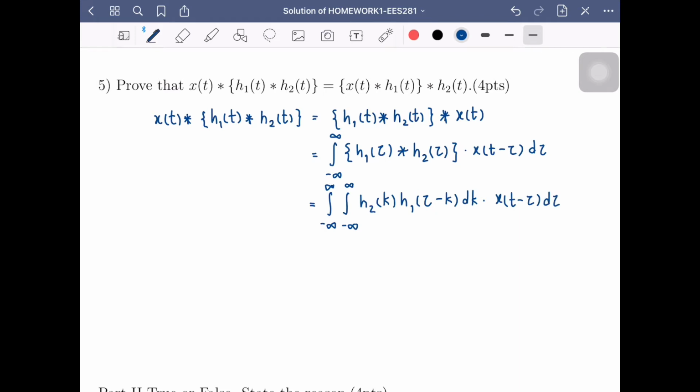There are two integrals. Next, we regroup. We have h2(k) here, and then the integral from minus infinity to infinity of h1(u), let's call it u, and x(t minus k minus u) du dk.